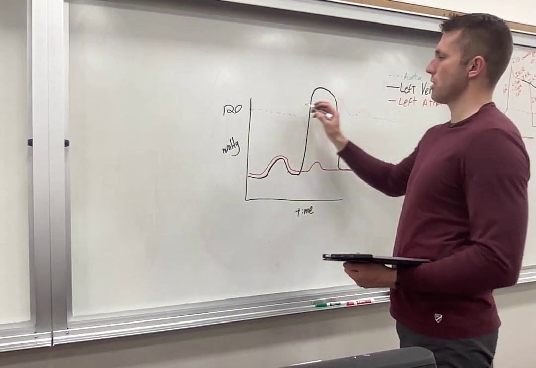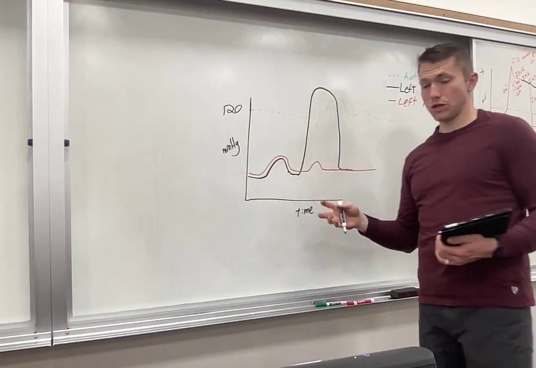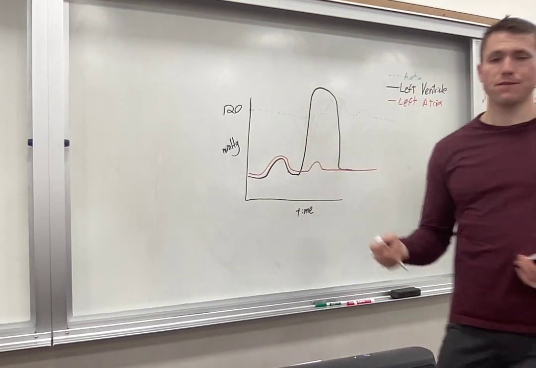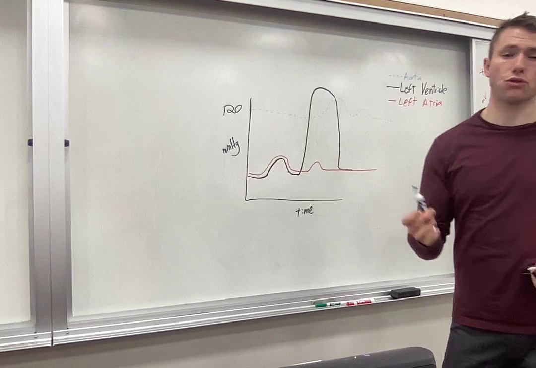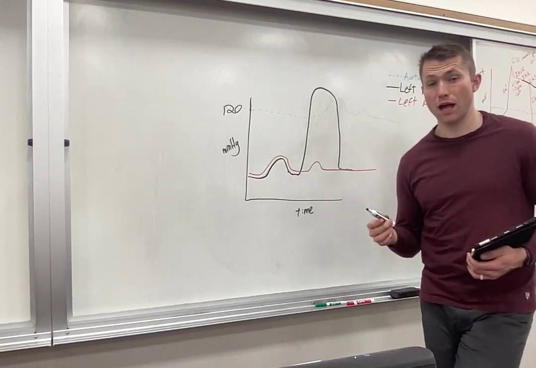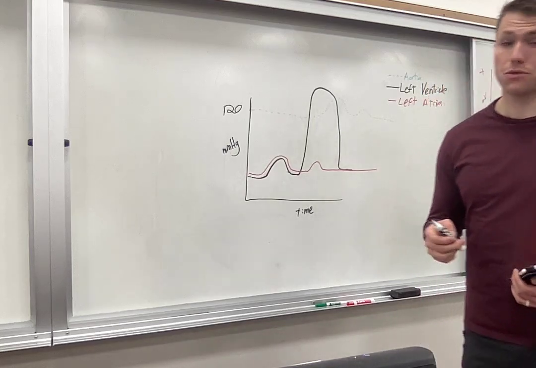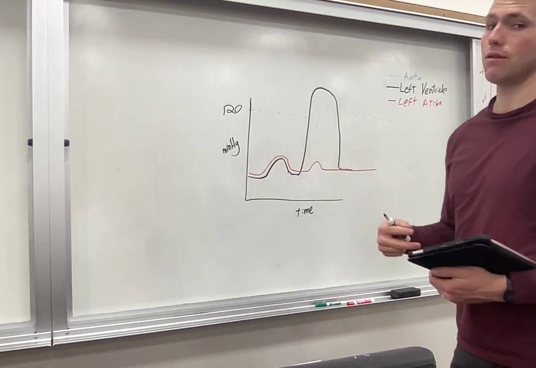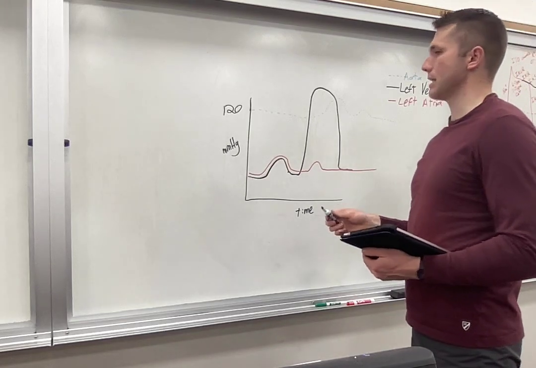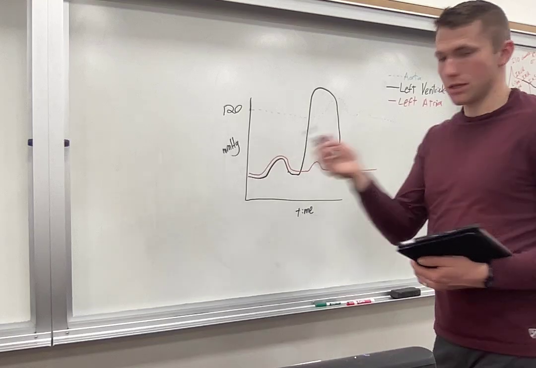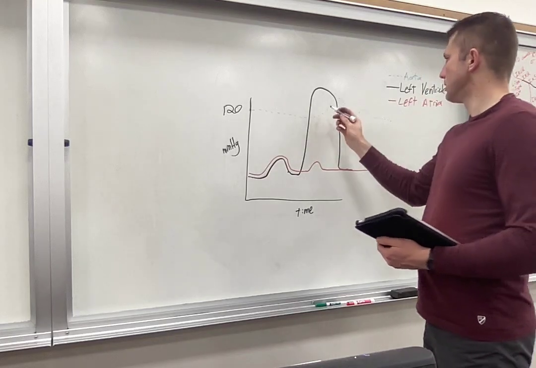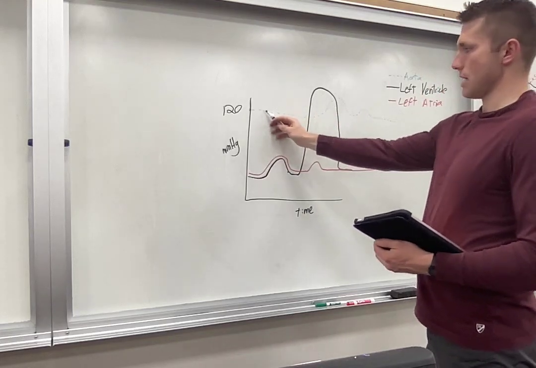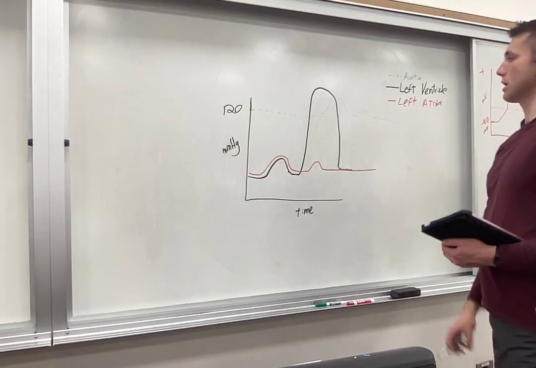The ventricle pushes the blood up through the aortic valve, through the semilunar valve leaflets, and through the aorta into the rest of the body. Well, this represents the aorta. Check this out.